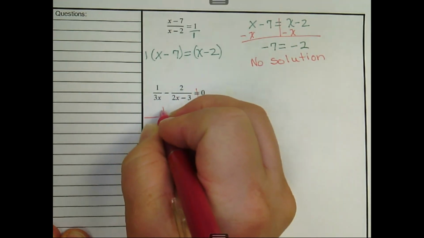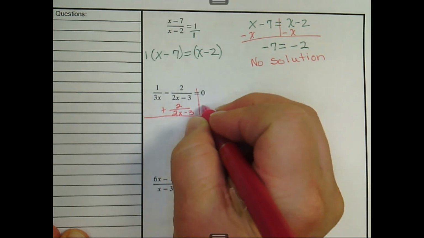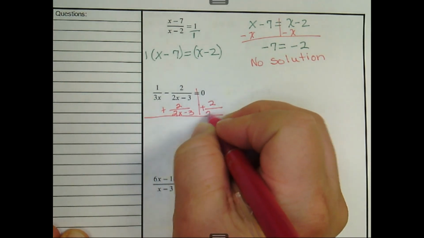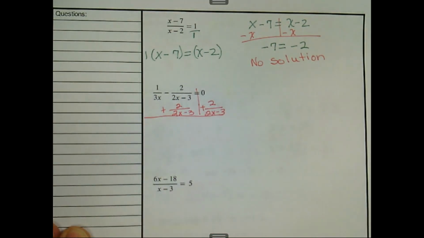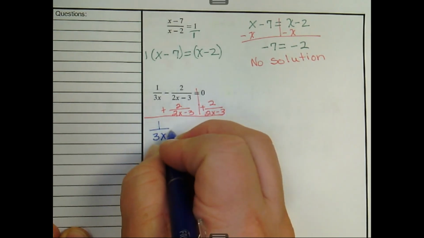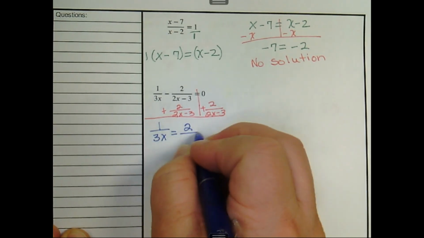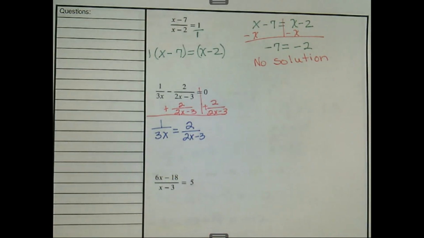I'm going to add it. And I end up with 1 over 3x is equal to 2 over 2x minus 3.